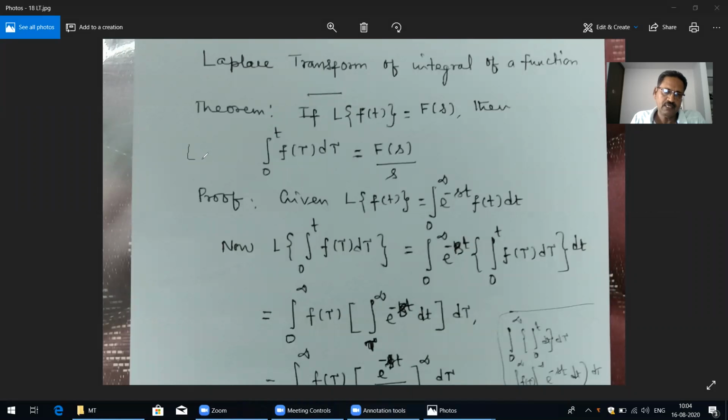Then to prove that the Laplace transform of the integral from 0 to t of f of tau d tau equals F of s over s, we have to prove. Is it clear? Then next we have to go to these things.